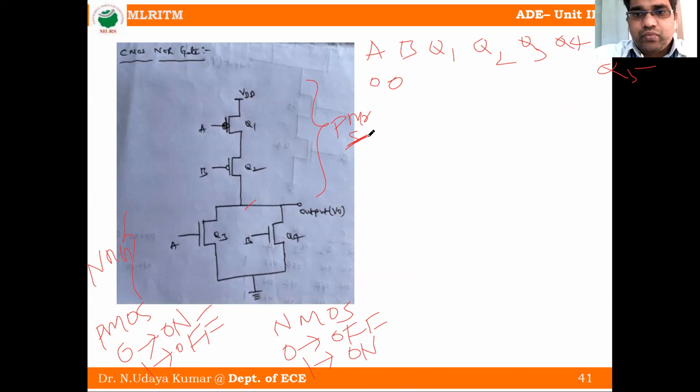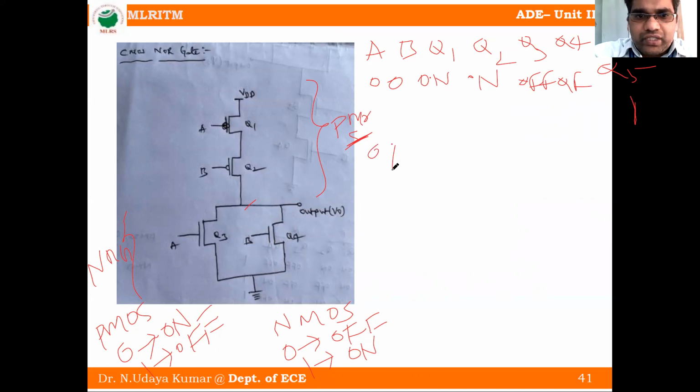So 0 is given, both PMOS transistors are on. What about the lower portion? Both NMOS transistors are off, Q3 off and Q4 off. That means both transistors are off at the bottom. Only VDD is connected to the output, and we will get output as 1.